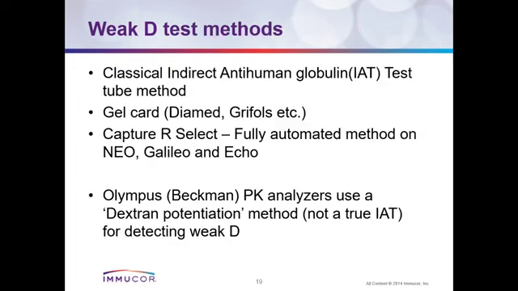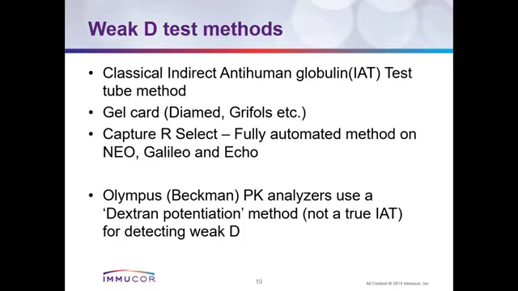So let's look at the test methods. I have picked only what can work for us, which in this case is the Coombs test, or the indirect anti-human globulin test tube method. The gel is not really common in our facilities. For facilities that already have fully automated machines, I'm sure in regional and national referral hospitals, you don't have to hassle with the tube method.